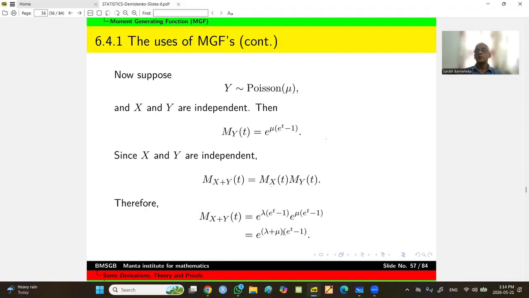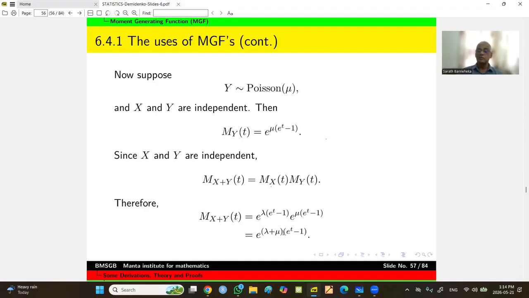If you say Y has a Poisson distribution with mean rate mu, you are looking at a certain period of time. Actually you are looking at the same length of time, a unit period, because rate is defined for the unit period.